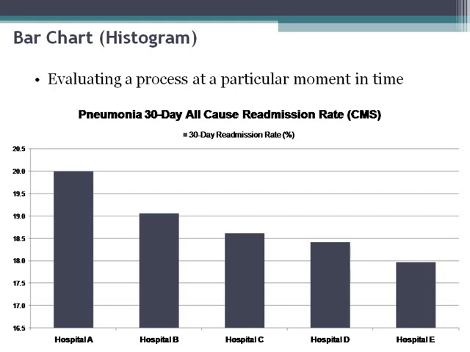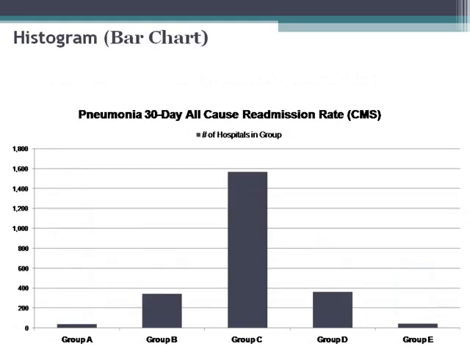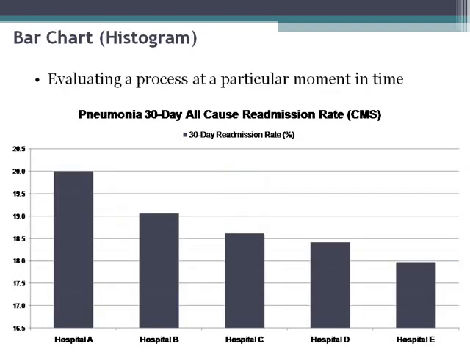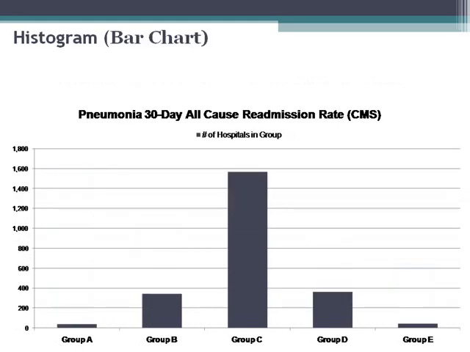Now, the next slide, it's the same hospitals. This is showing you the number of hospitals that are in each group. So on the previous slide, I showed you what the hospital group's readmission rate is. And in this one, I'm telling you that there's about 1,600 hospitals in Group C, and there's a little bit more than 300 in Groups B and D, and there's less in Groups A and E. This is what I called the bar chart a histogram.